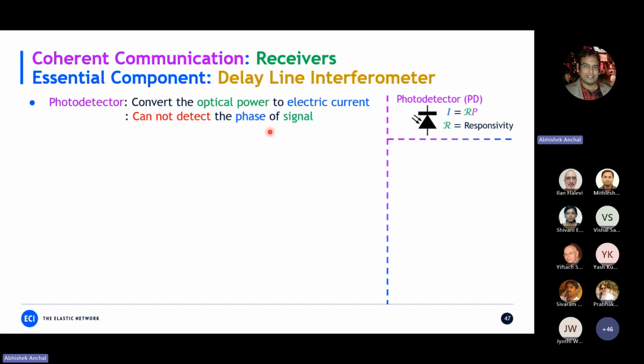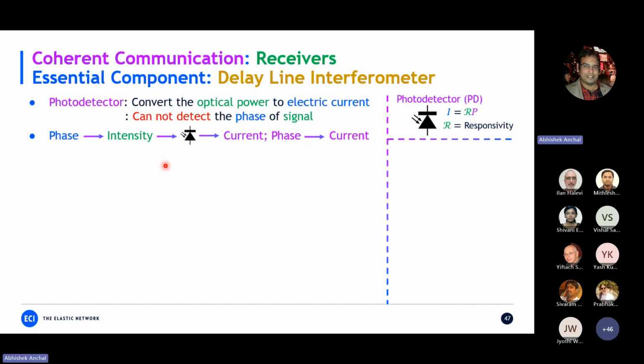But for higher order modulation, where the information lies in the phase, the simple photodetector cannot convert the phase to current. So what we can do is convert the phase to intensity and then provide this intensity to the photodetector, which in turn converts it to current. So overall, we are able to convert the phase to current.